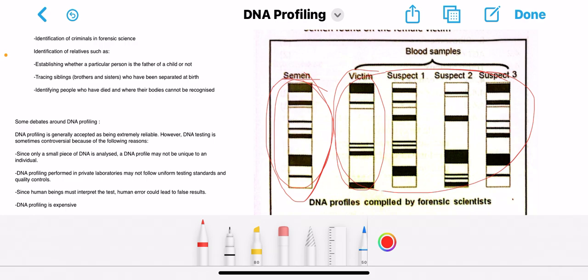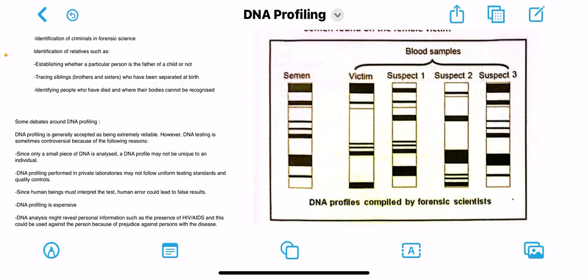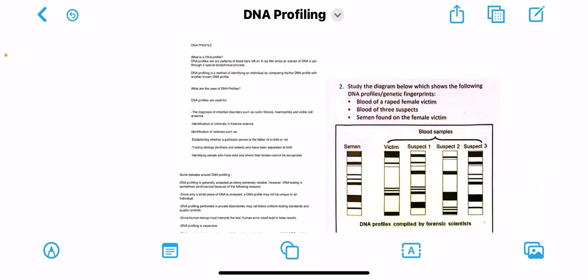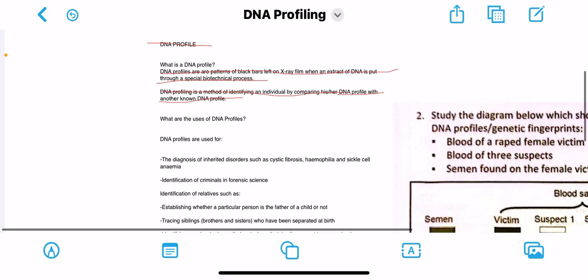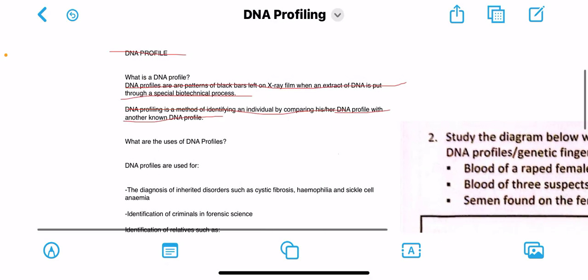So after they've identified how many bars are left there, they are now going to be able to identify which one of these three suspects is responsible for this semen. I hope you understood. Now, let's go back. What is a DNA profile?